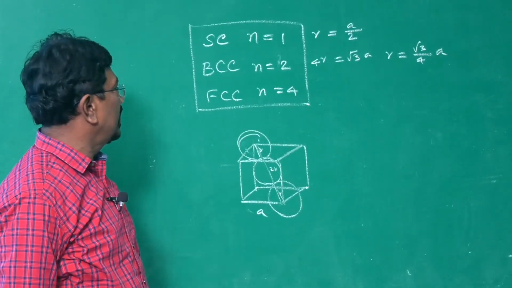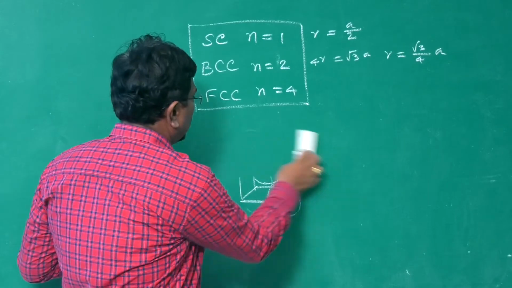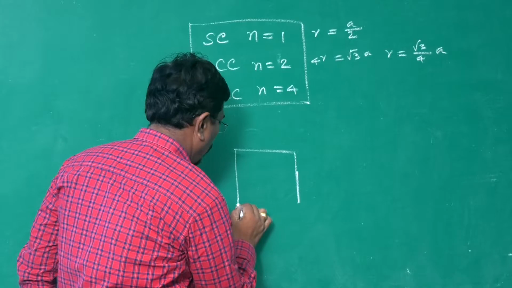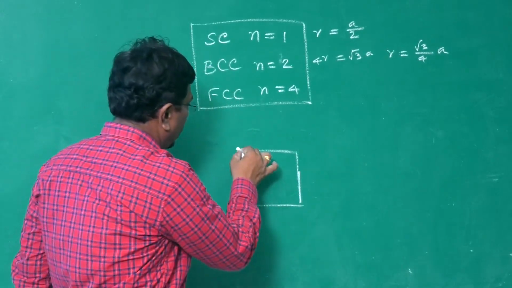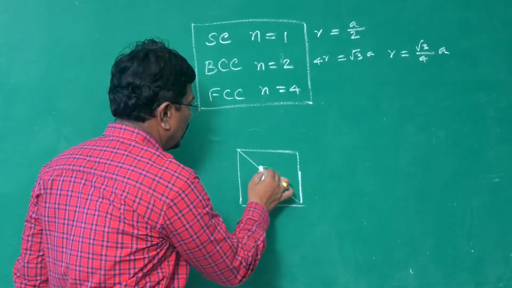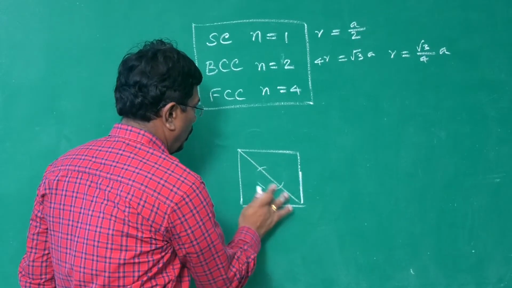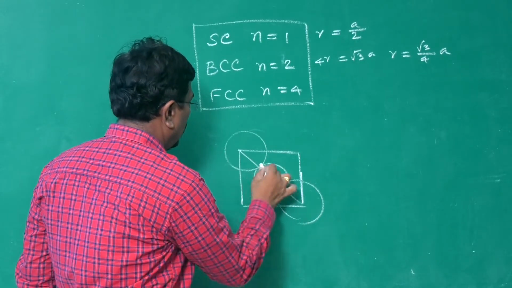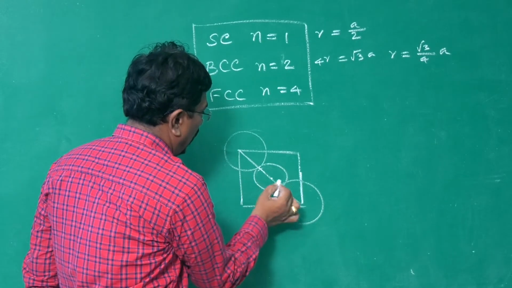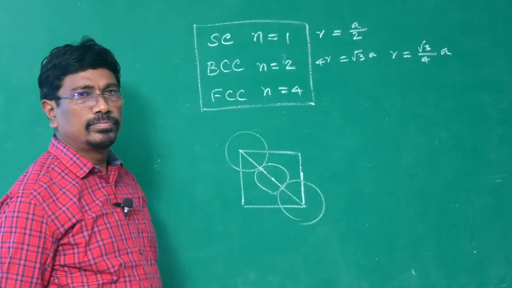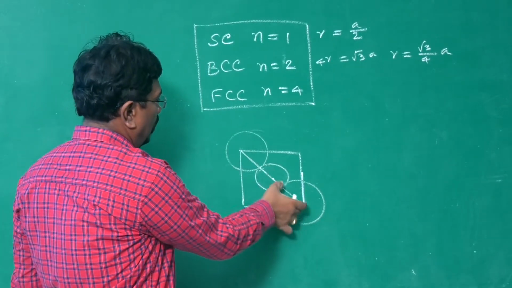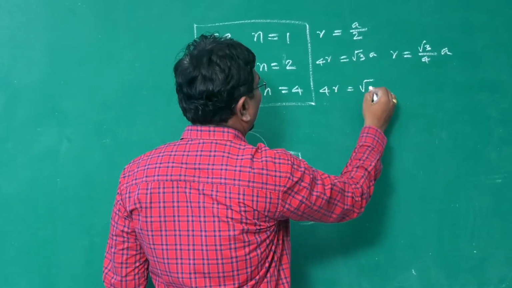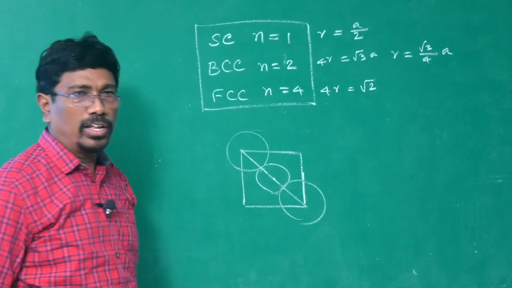In the case of FCC, we can imagine just a face. We need not go into the cube. This diagonal length, because an atom is at the center of the face. One atom at this corner, another atom at this corner. Therefore, 1r, 2r, 3r, 4r. The diagonal corresponds to 4r, so 4r is equal to root 2 a, where edge length is a.